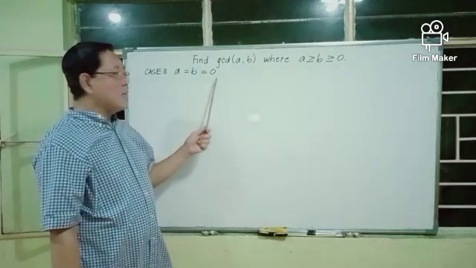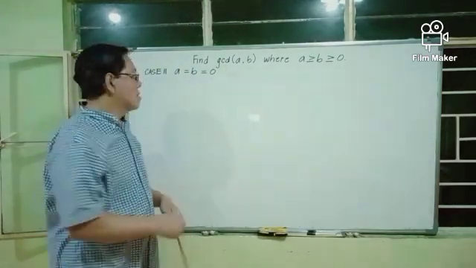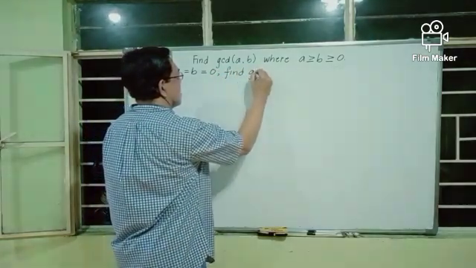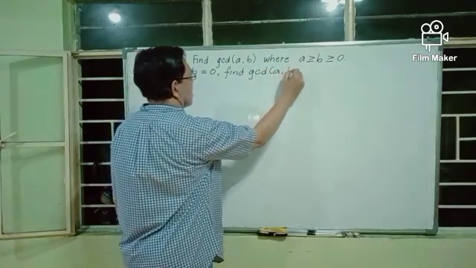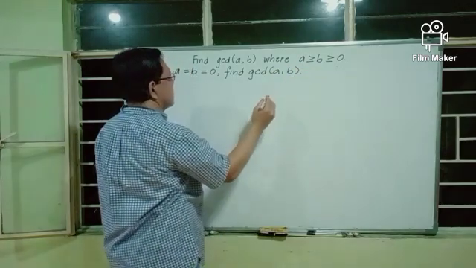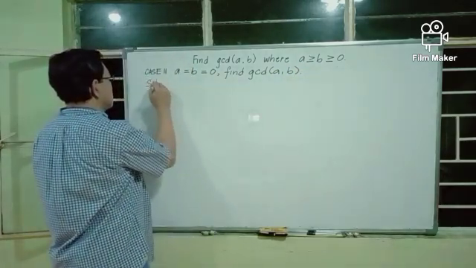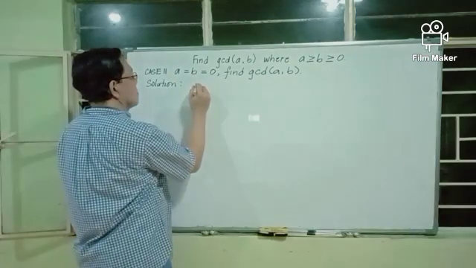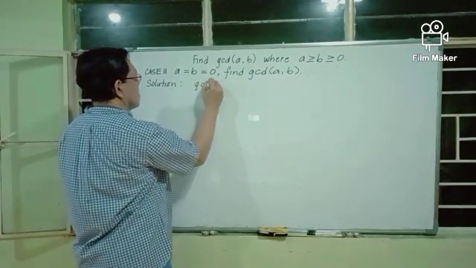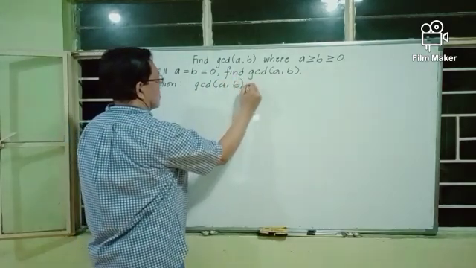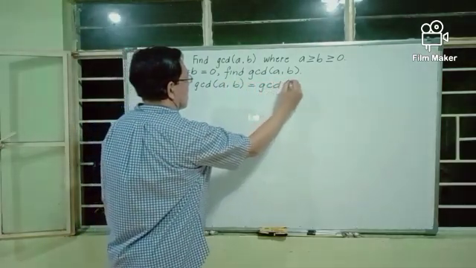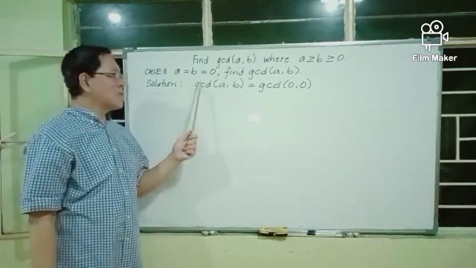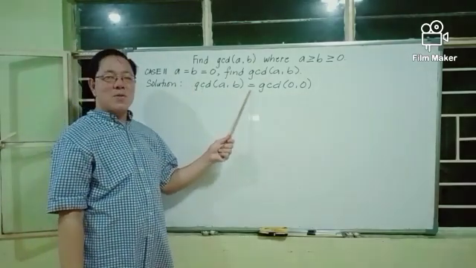And for these values of A and B, we find the greatest common divisor of A and B.